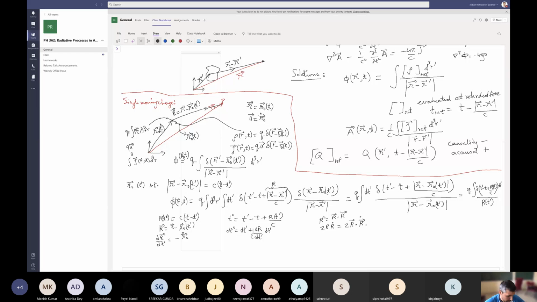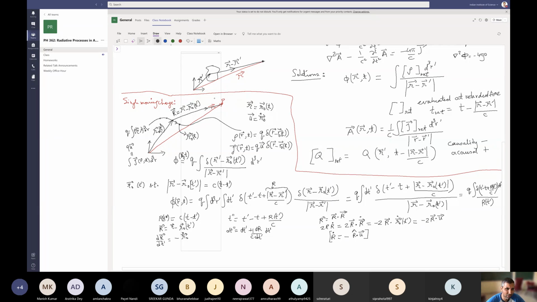So this is nothing but minus twice r dot r naught dot at t prime, which is nothing but u at t prime. So this is equal to minus twice r dot u. Everything is evaluated at t prime, at the retarded time. So basically, what do we get? We get r dot is equal to minus r hat dot u. Okay, this is important.